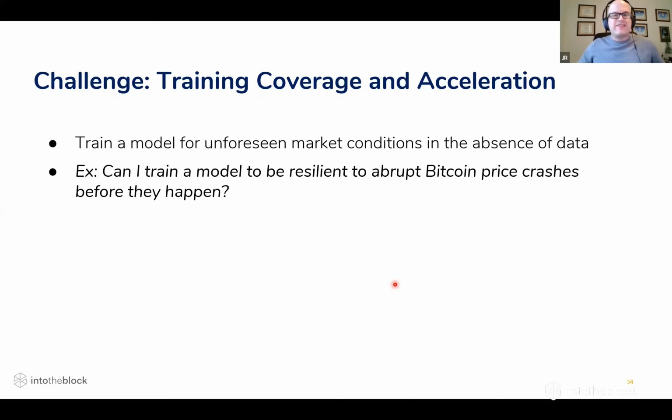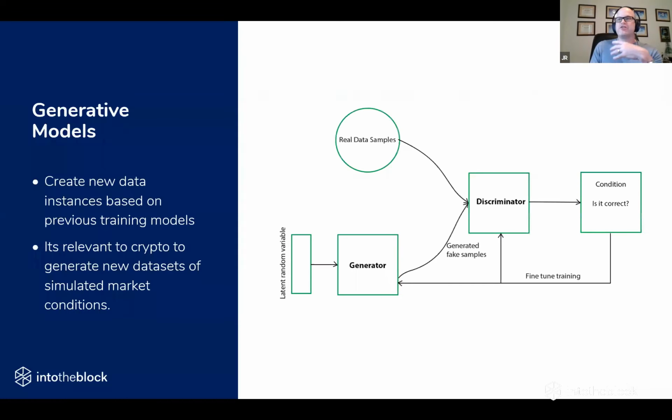So one area that is very common is to try to simulate scenarios that are not in the training data. Not on purpose, not that you're trying to simulate a 12% crash in an hour, but just create all sorts of simulations that eventually will convert into scenarios like that. So this area is called generative models. And essentially here you can create new data sets based on previous ones.